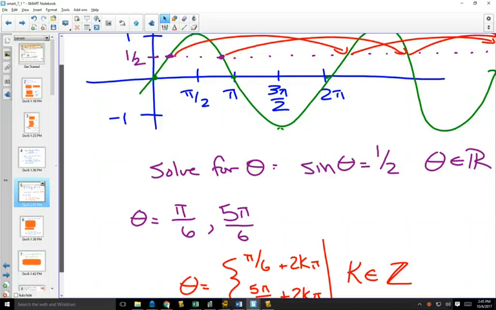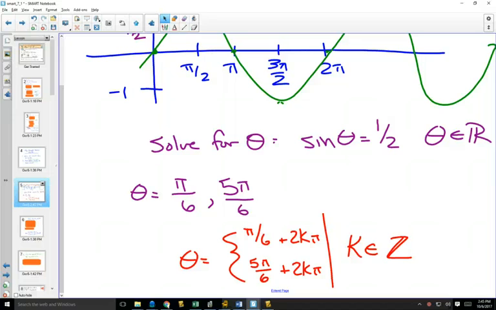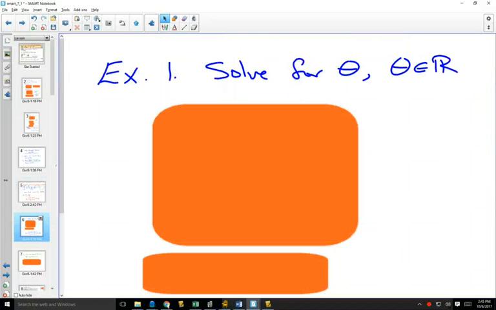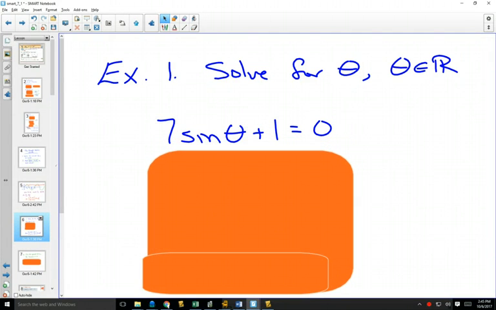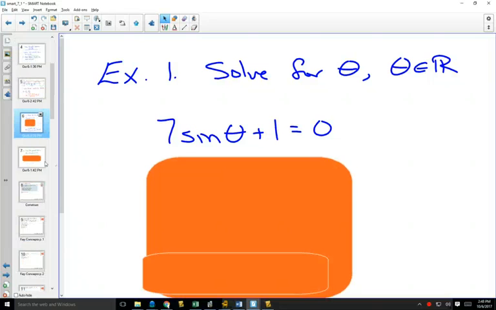So we're going to get some questions that are non-calculator, some that are calculator. Here's our first one. Solve for theta. This one would be calculator. First of all, we get sine by itself.